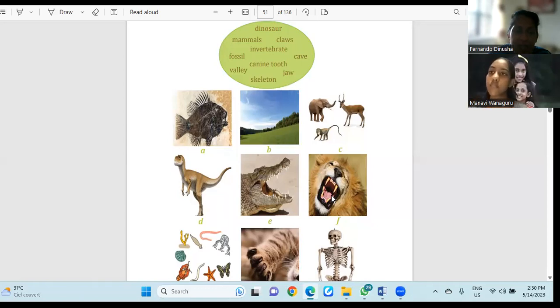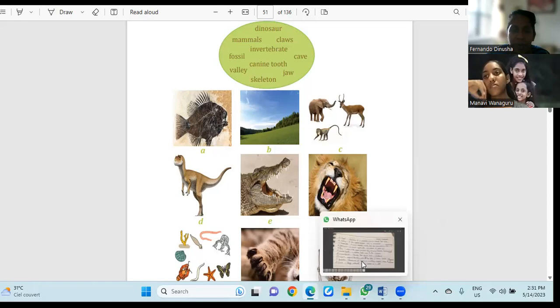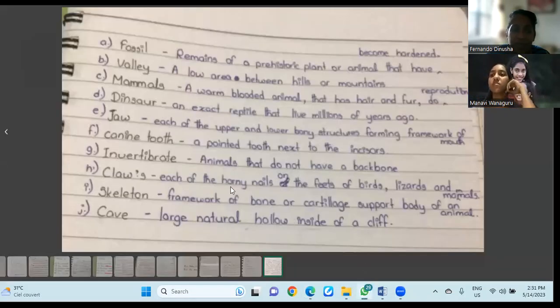Molar, I can't remember now. Four kinds of teeth are there, right? One is molar. Molar is the teeth that we use to chew our food. And the sharp tooth also has a special name, now I can't remember, because I learned those things long years back.